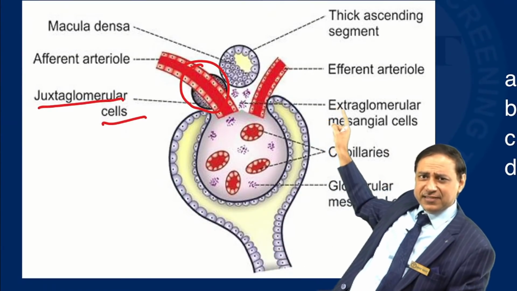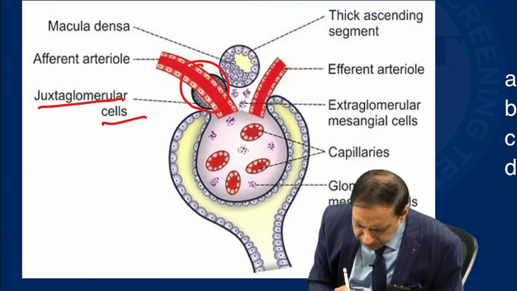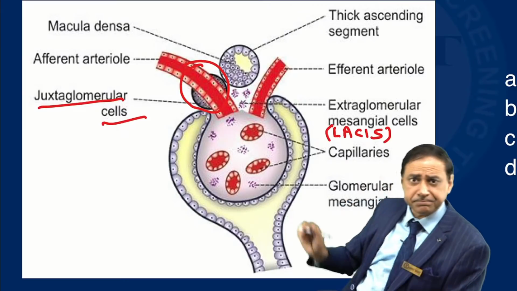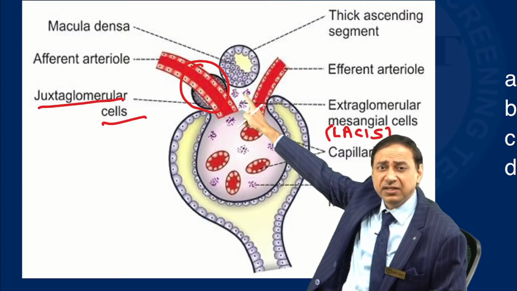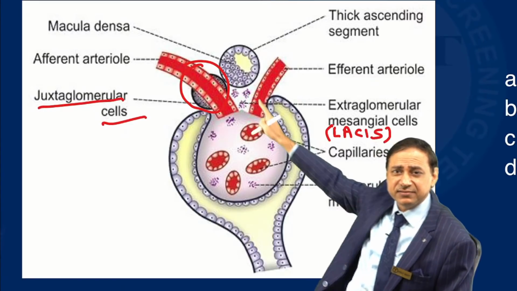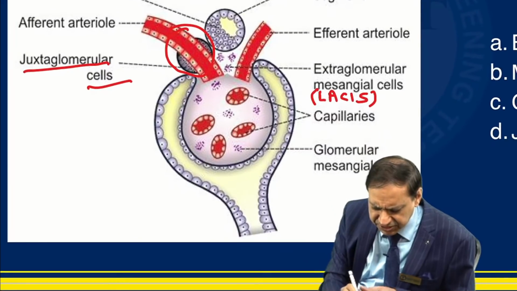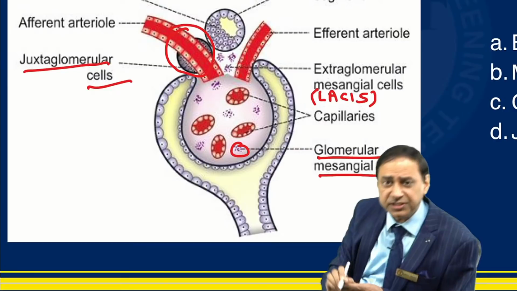Here it is written as extraglomerular mesangial cells, but these cells are also known as Lacis cells. Extraglomerular mesangial cells, we can call them Lacis cells. These are the mesangial cells, glomerular mesangial cells.